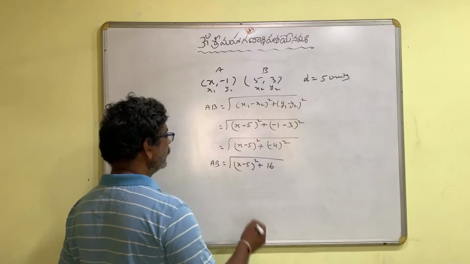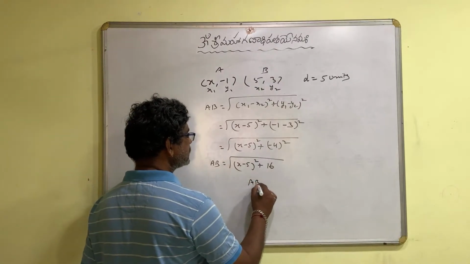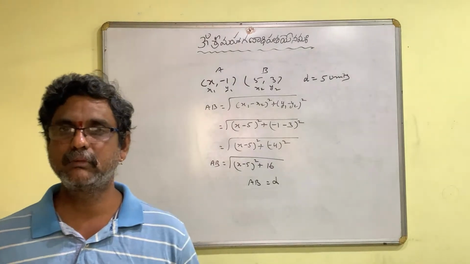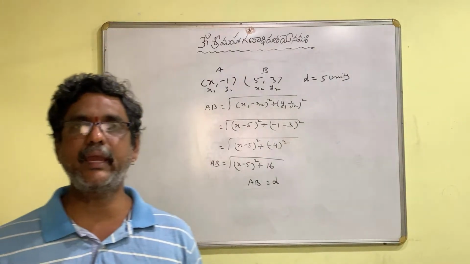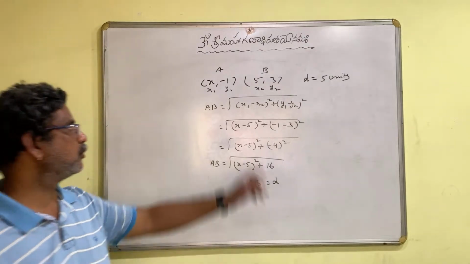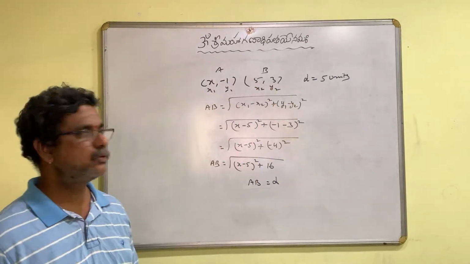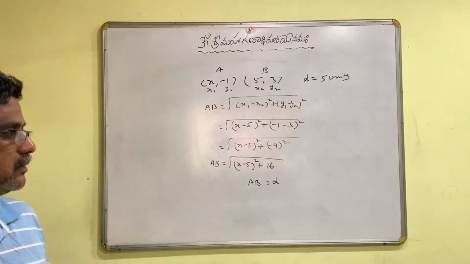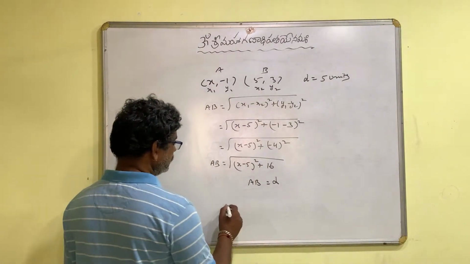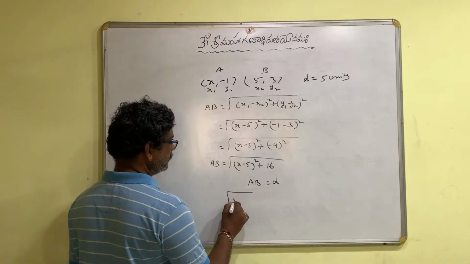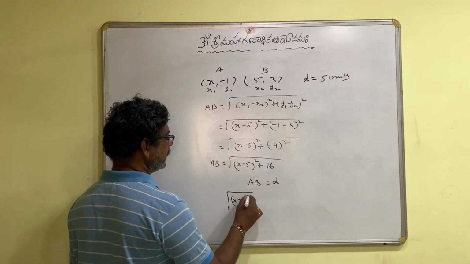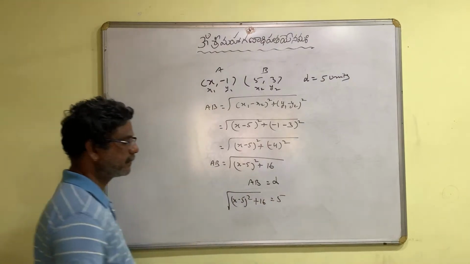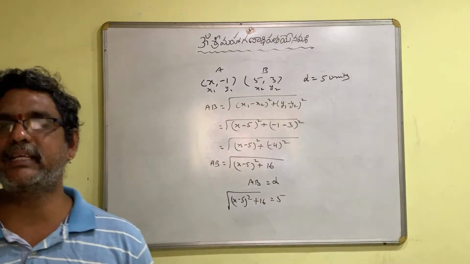Now, we know that this distance is equal to the given distance. The distance between the 2 points AB is equal to the given distance. So what can we write? Root over (x minus 5) whole square plus 16 is equal to 5, and we need to find the x value.